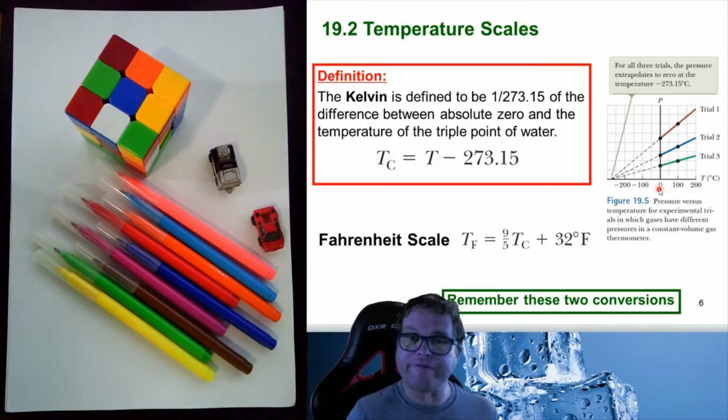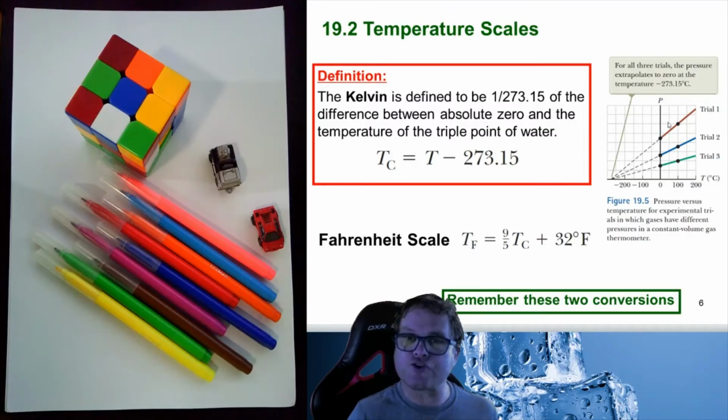What they found is that when they got to a temperature of 0 degrees Celsius, not all of the gases had zero pressure. You can see they all had different values of pressure at 0 degrees Celsius. So they wondered at what temperature all of the gases would have exactly zero pressure.